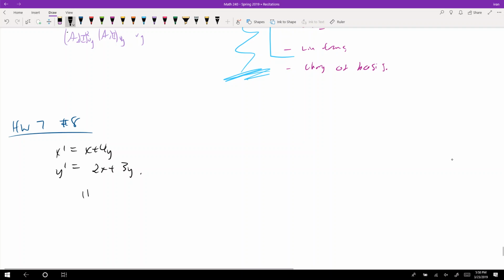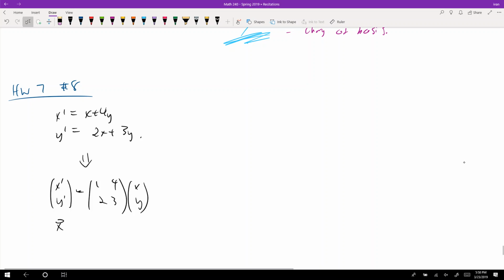So you can write this in the form of x prime, y prime, equals the matrix 1, 4, 2, 3, times x, y. I just rewrote the system in terms of a matrix system.